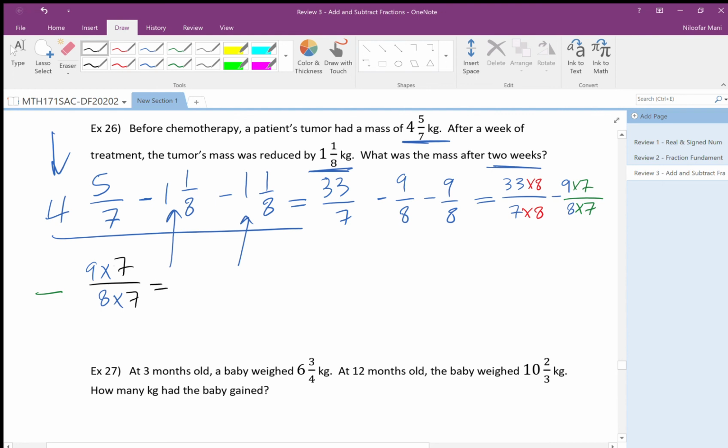So 264 over 56 minus 63 over 56 minus 63 over 56.